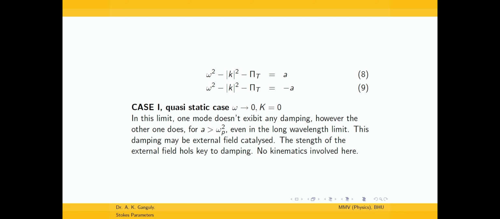So, it may not be very out of place to call it an external field catalyzed damping. So, this is not a kinematical damping effect that one is talking about, and this picture can be captured once we actually have performed the calculations following the prescribed procedures of the quantum theory and then analyzed it.